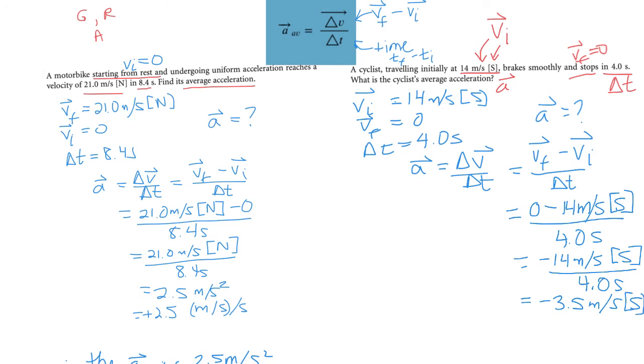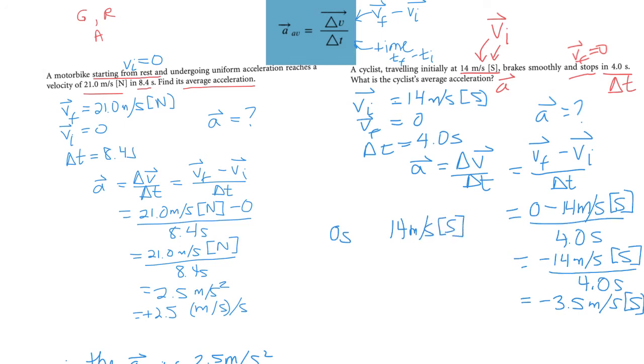So what does that mean then? If I have a negative acceleration, is that possible? And it turns out it is. So what happened is I started off at 0 seconds, and my velocity was 14 meters per second south.